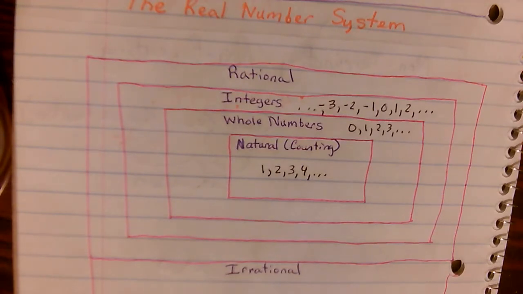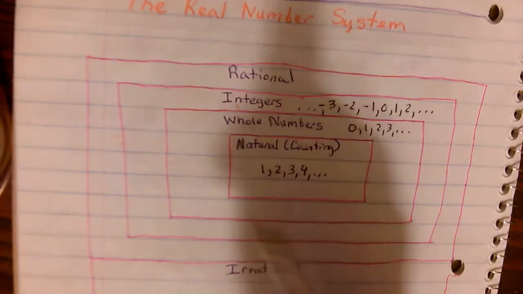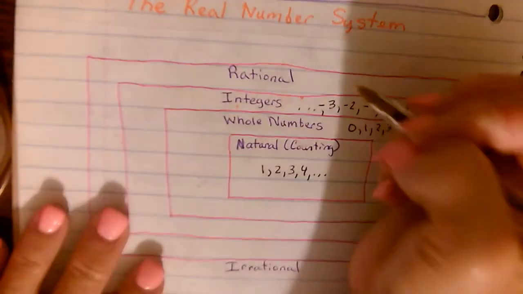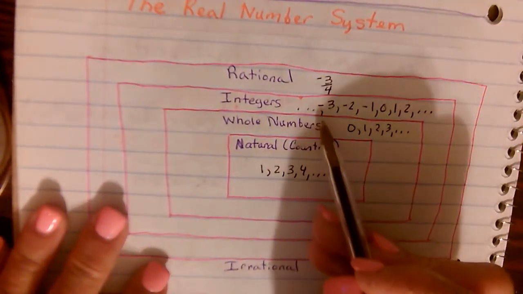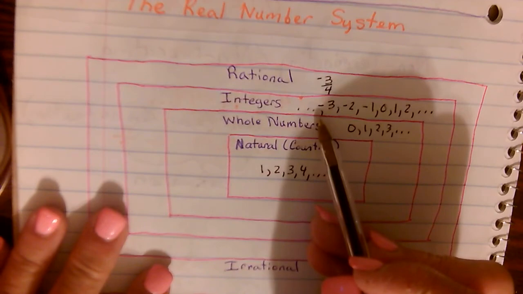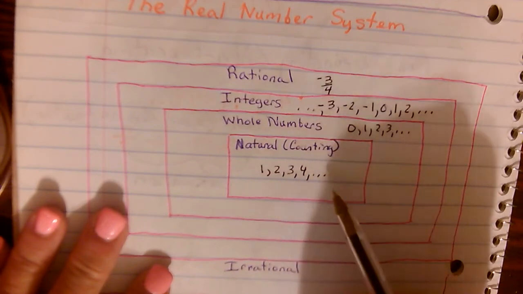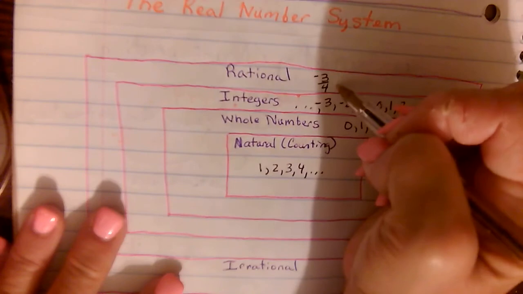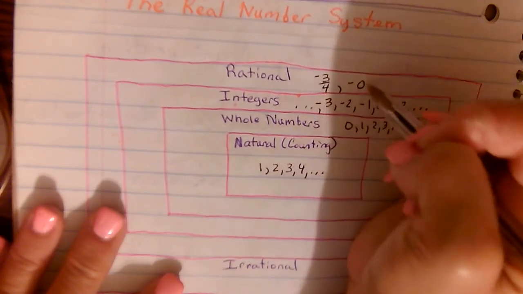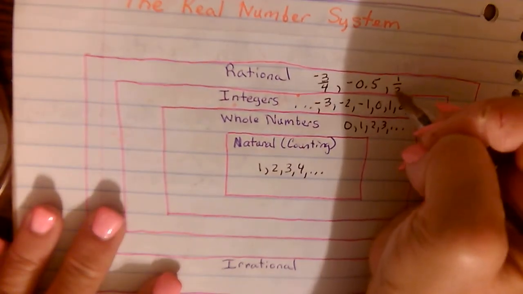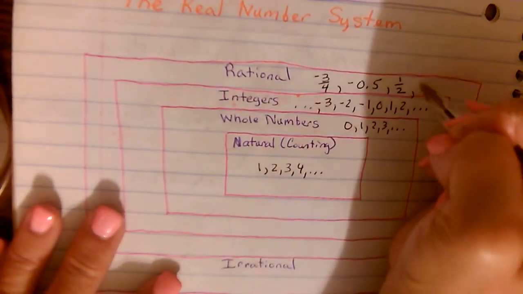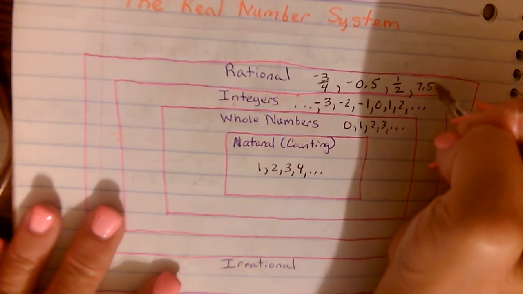Now rational numbers can be other numbers that are positive and negative, which includes everything inside here. So a rational number could be -3/4. But -3/4 can't be an integer because it's not an opposite of a whole number, and it can't be these. Another example would be -0.5, +1/2, 7.56.